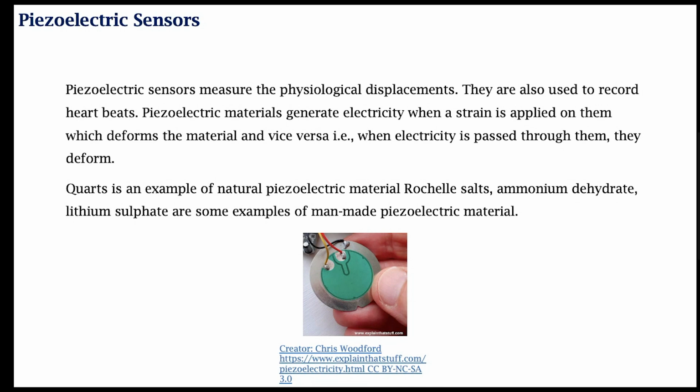It turns out that there are some special materials that generate an electric field, or they develop or generate electric charge when you apply a force on them. So the material is there and you apply a force in a particular direction, they generate charge. So essentially, they generate electricity.